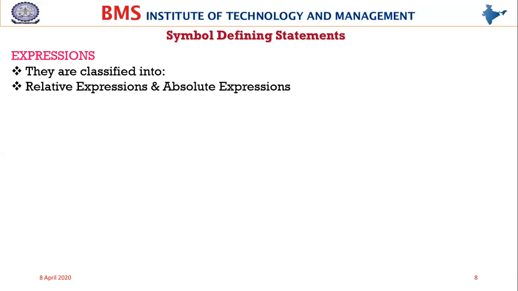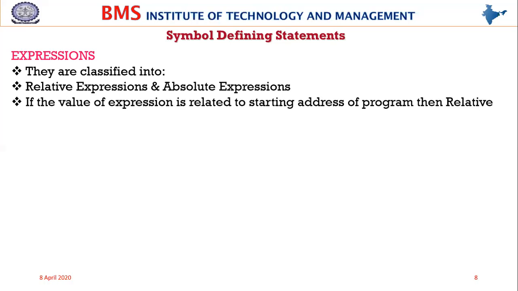I repeat, those expressions which give you an address relative to your location counter value are relative expressions. Those expressions which give you a value, whatever the value is, we call absolute expressions. These are the two categorizations. If the value of the expression is related to the static address of the program, that means the location counter, then it is called relative.